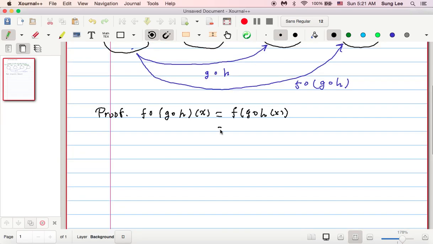So that equals, now here inside the parentheses, that's going to be g of h of x, again by definition of a composite function.